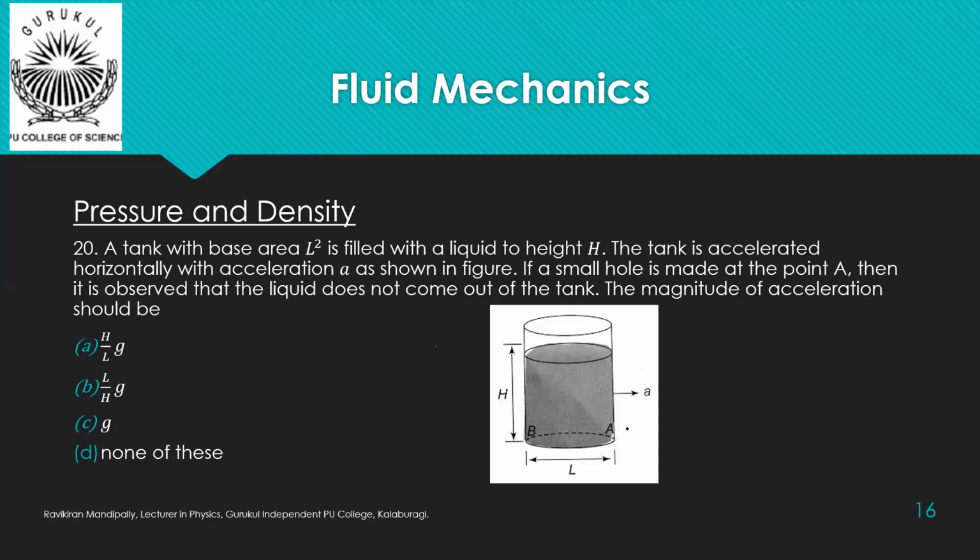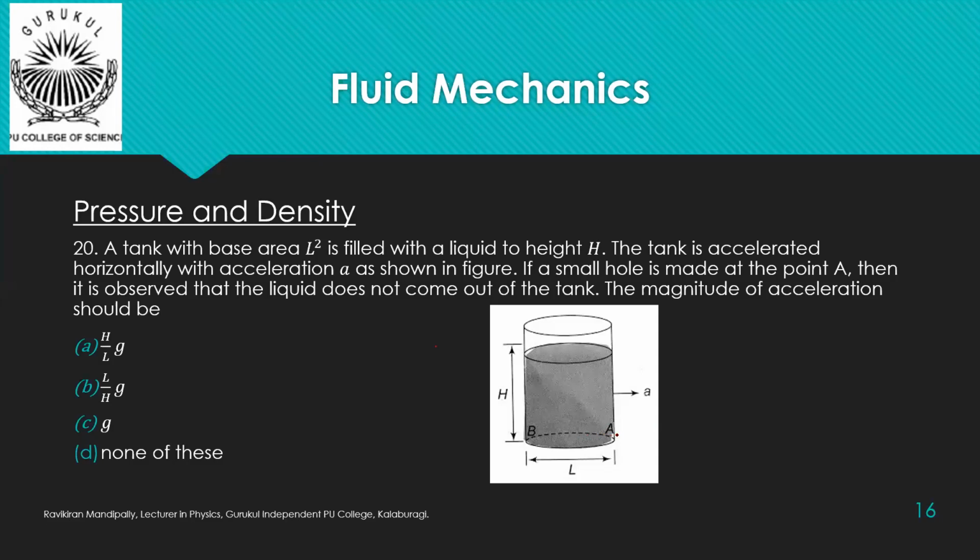So from outside we have atmospheric pressure, and if from inside the pressure is different, then the liquid will flow from inside to outside. That means at point A we have two pressures now: one is pressure due to this liquid from inside, and another is pressure due to atmosphere from outside, and they will be in opposite directions.